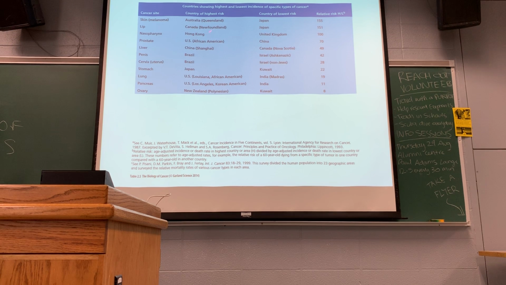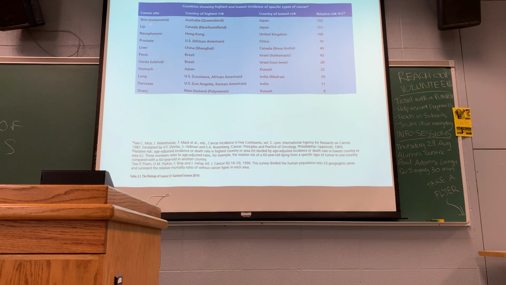If you are in Australia, and in particular Queensland, Australia, for this study, you have a 155 times higher relative risk of getting melanoma than if you are in Japan. Okay, that's tremendous. That's a huge difference, right?